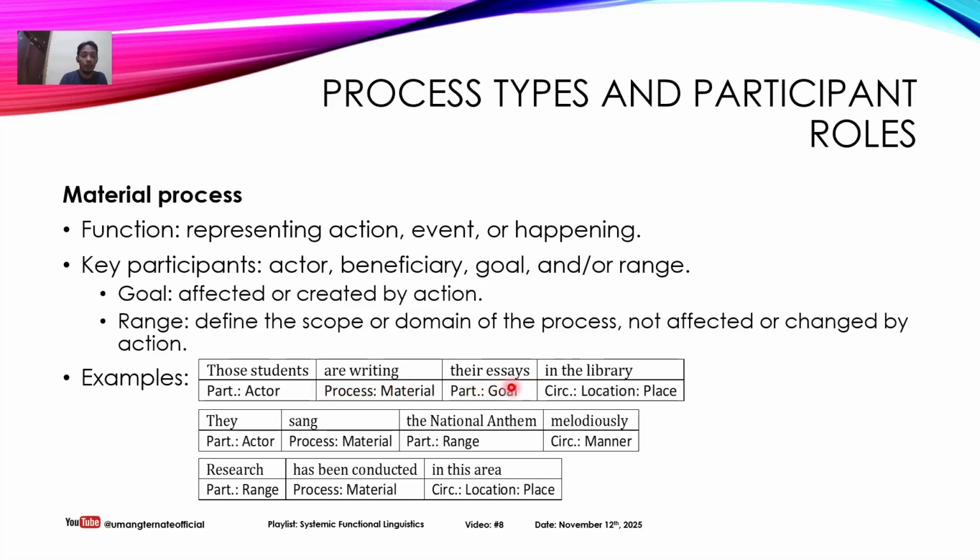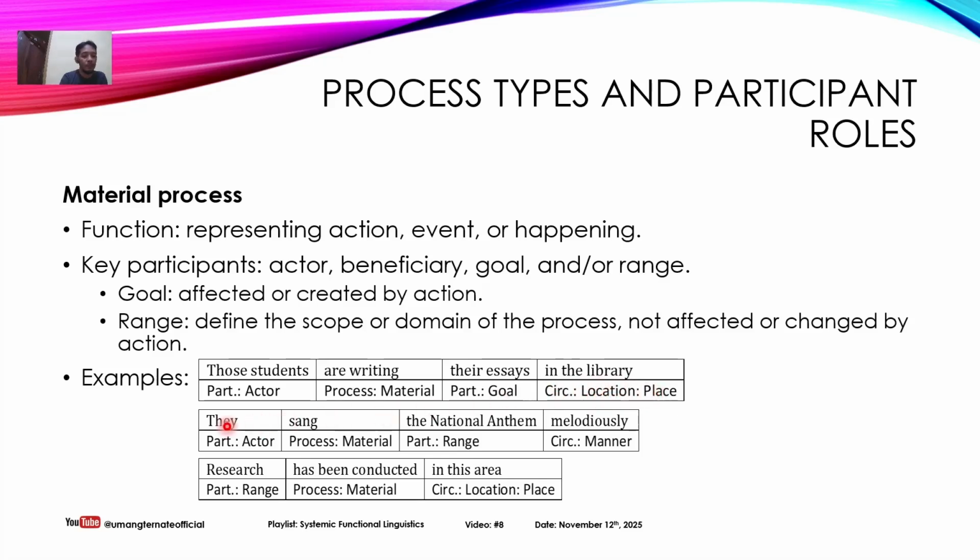The role is a goal, not range, but goal. Why? Because goal is affected or created by action. In this case, the process of writing creates the essays, or the essays are the results of the process writing. Okay, and in the library is the circumstance, the location, more specifically the place.